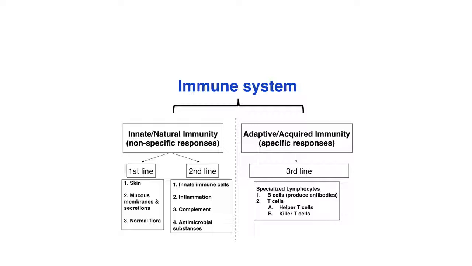And this natural immunity or non-specific responses can be imagined as two lines of defense. Imagine a football field, and there's one line of defense, and there's another line of defense closer to the goal. The first line of defense is what an intruder encounters first: skin, mucous membranes or mucosal surfaces.